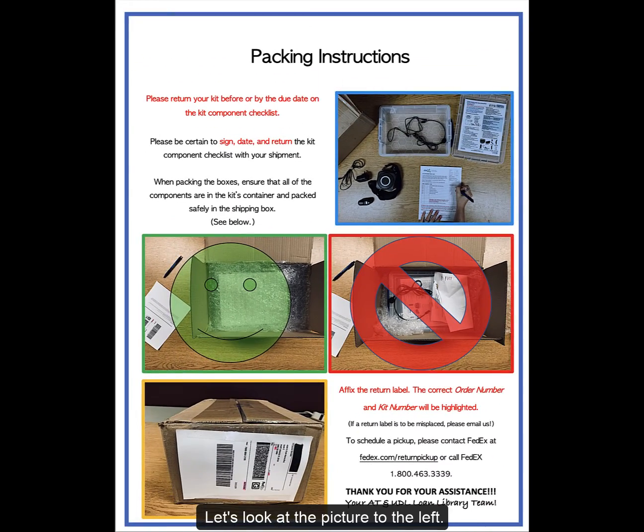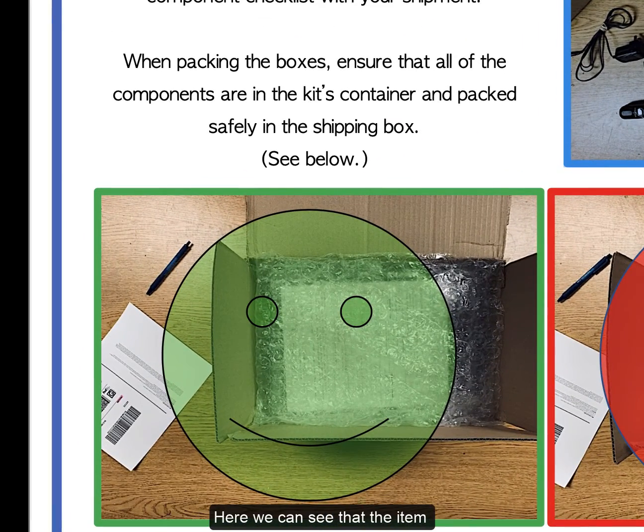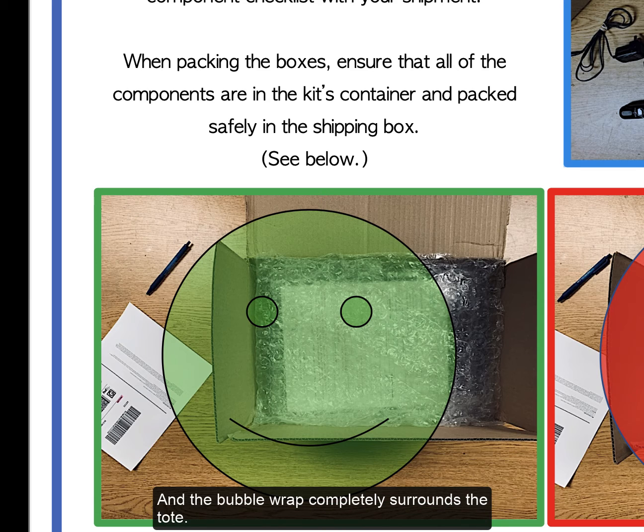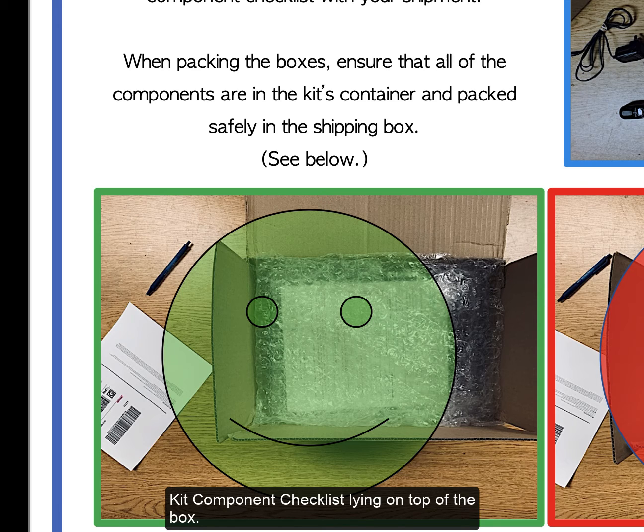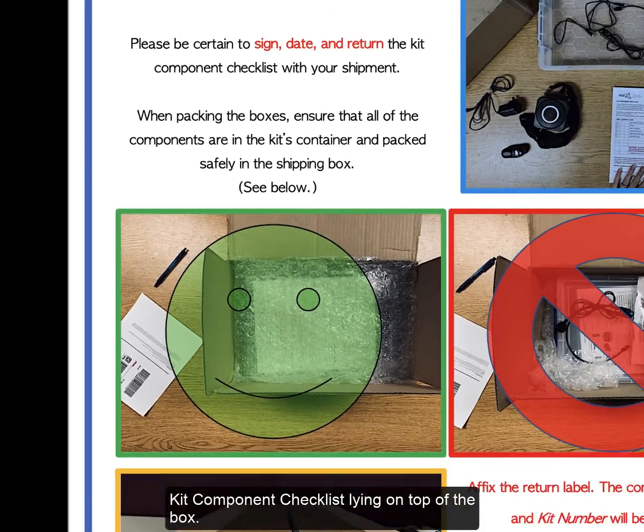Let's look at the picture to the left. Here we can see that the item is properly packed inside the tote, and the bubble wrap completely surrounds the tote, and you can also see the kit component checklist lying on top of the box.